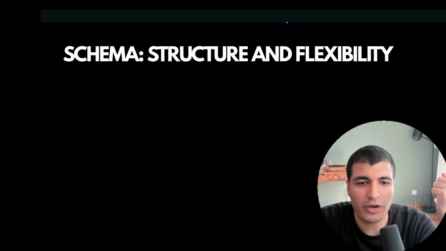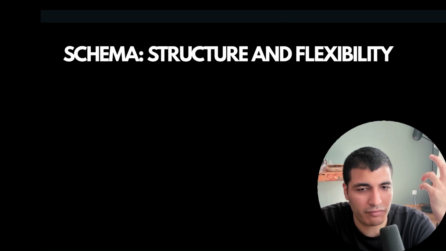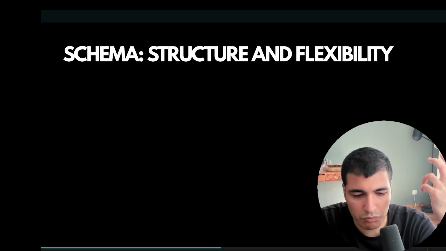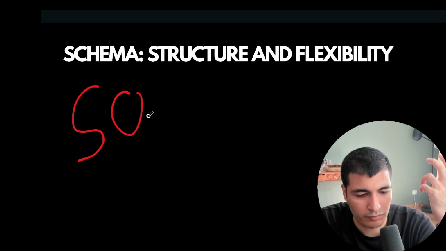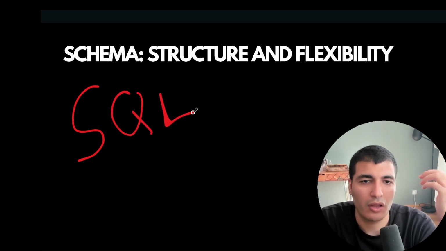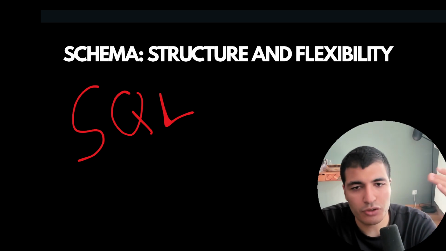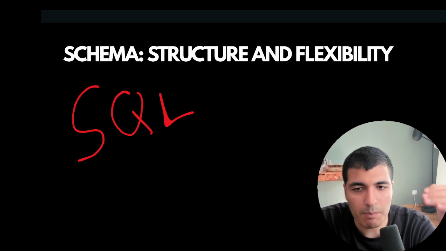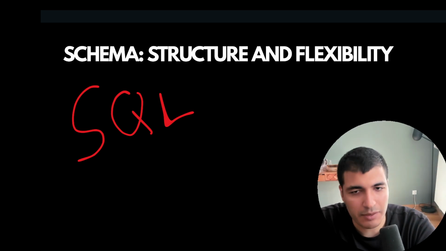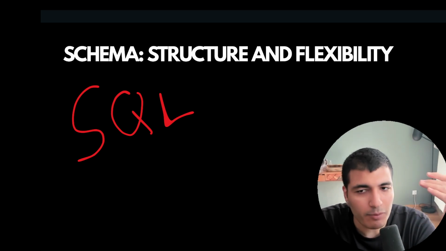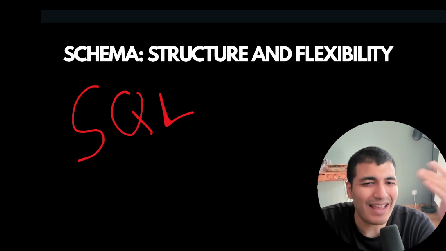Okay, next we will talk about the schema structure and flexibility. We will start with SQL. In SQL databases, you have to define the schema upfront before you can start inserting any data. This means you specify the tables, the columns in each table, their data types, and any constraints or relationships.